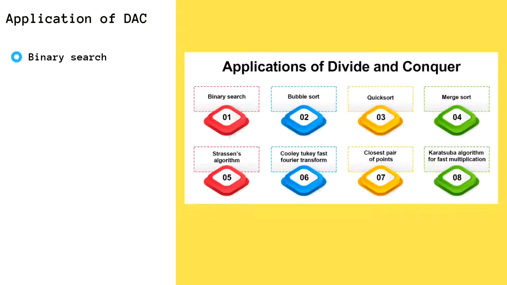Also known as half interval search, it compares the search element to the middle element. If the element is less than the middle element, it selects the first half, otherwise the second half. The same process is recursively applied on the selected half of the array until the search element is found.